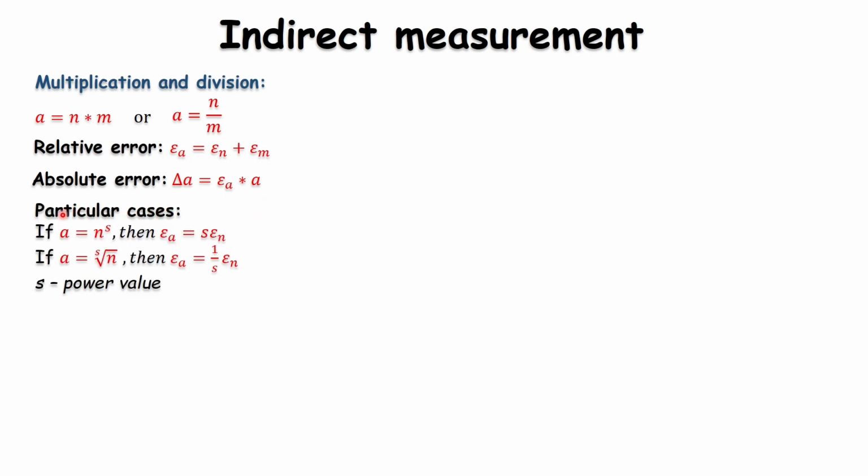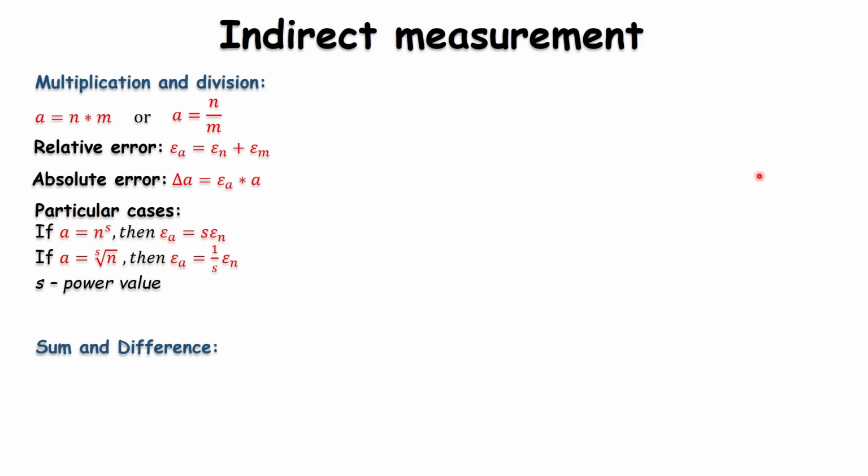There are some particular cases when the indirect value is equal to a direct value raised to some power. Let's call it S. In this case, we can calculate the relative error by this equation. If it is a root, then we can use this equation.